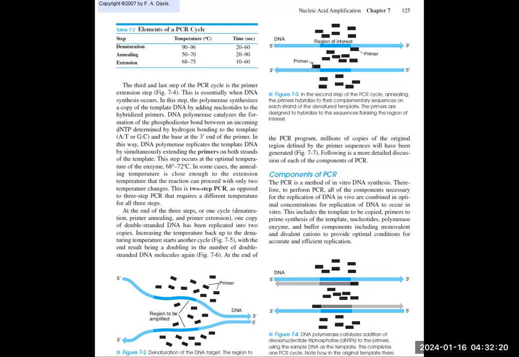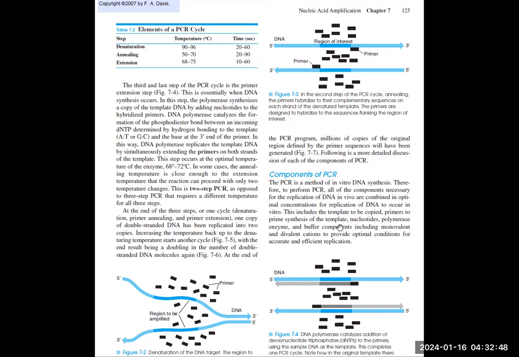So our primers will attach at the sides, not directly to our target sequence, but they will flank the region of interest. Okay, in short, they hybridize at the sides, meaning the flanks, right? The flanks mean beside, at the side, okay?